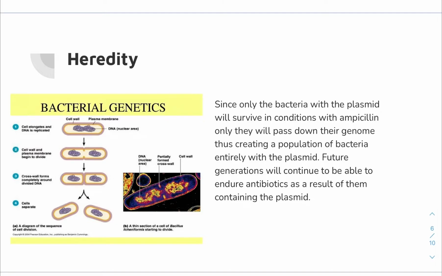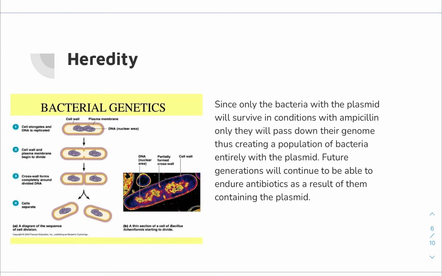These cells were reproducing, and only these cells were surviving in the environment full of the antibiotic, because only these cells had the antibiotic resistance. And so as they began to replicate, only the cells with the plasmid survived, and thus eventually the whole lineage would have the plasmid, since that's all that could survive.